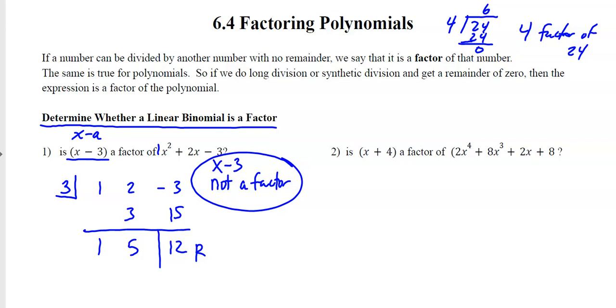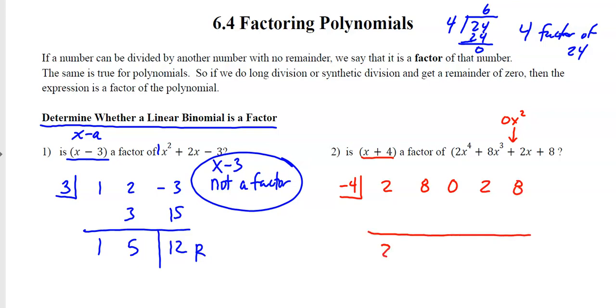So I try this next one, and I put negative 4 in here. And we have 2, we have 8. Notice there is no x squared term, so we have to put a 0 there. And then 2 is the x term, 8 is the number, the constant. Let's run it. Slide the 2 down. Negative 4 times 2 is negative 8. Add, you get 0. Negative 4 times 0 is 0.